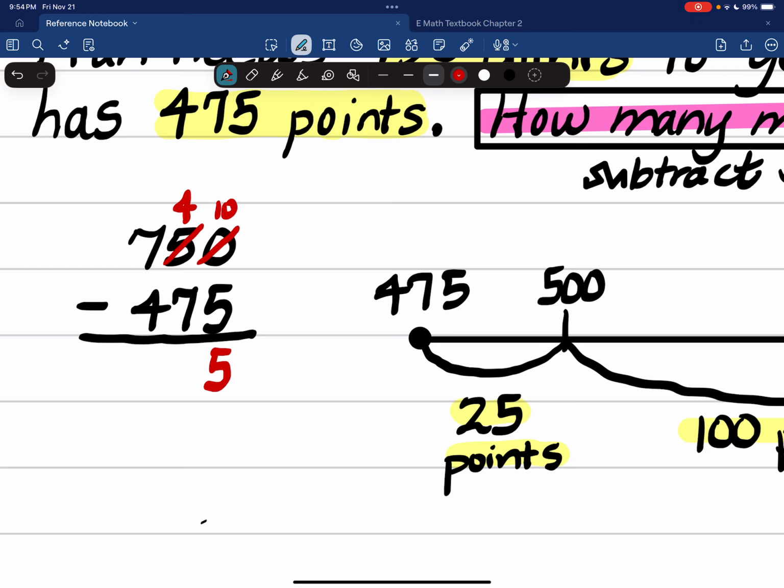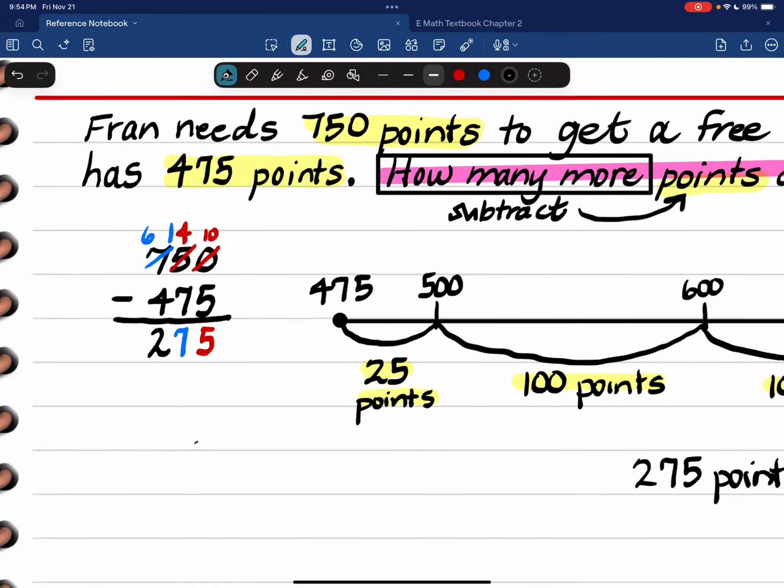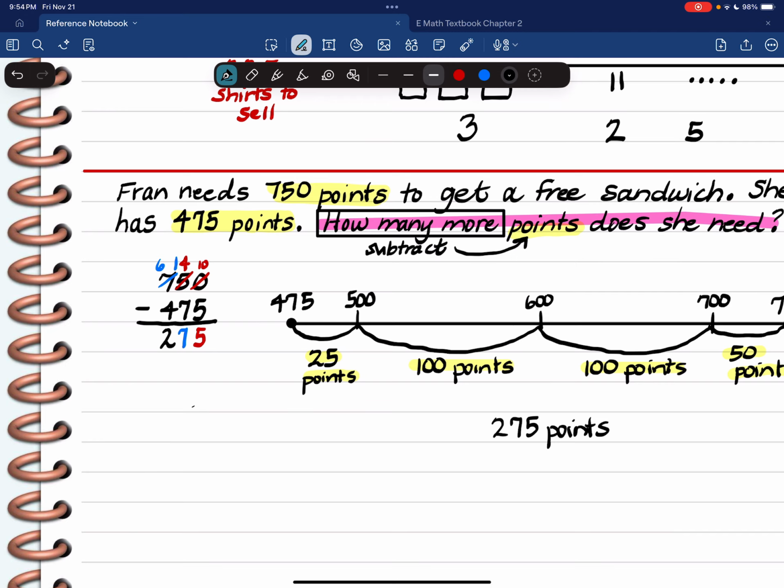I cannot take 7 from 4, so I'll borrow. Let me change colors so you can follow what I'm doing. I will borrow one of those and give to this one. 14 take away 7 is 7. And 6 take away 4 is 2. And there is the answer that we already found.